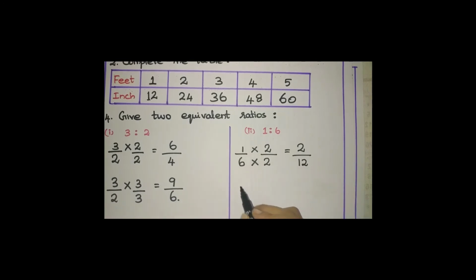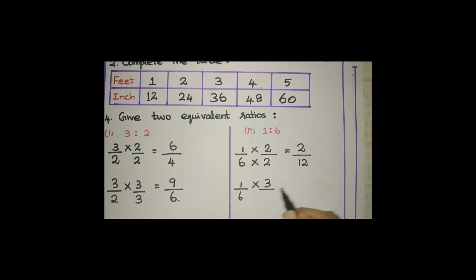So another one, 1 by 6, I am multiplying 3. So 1 3s are 3 and 6 3s are 18. Yes, we have found two equivalent ratios for the given ratio 1:6. That's all. Now let's move on to the next problem.